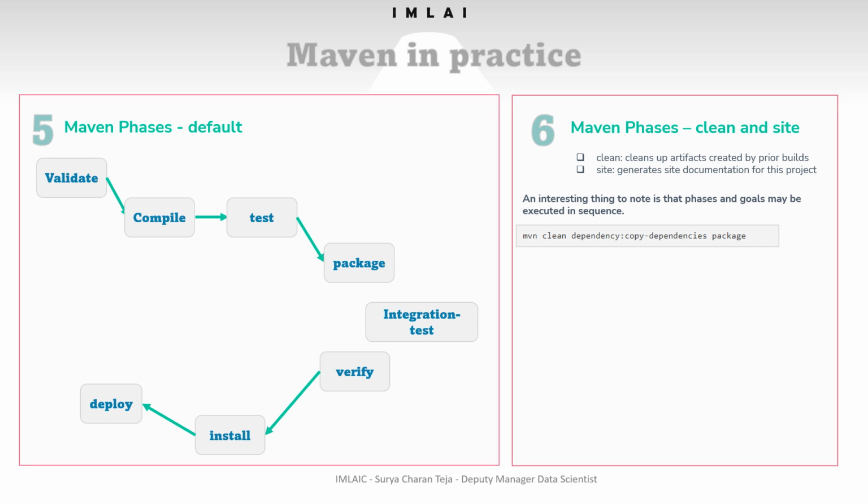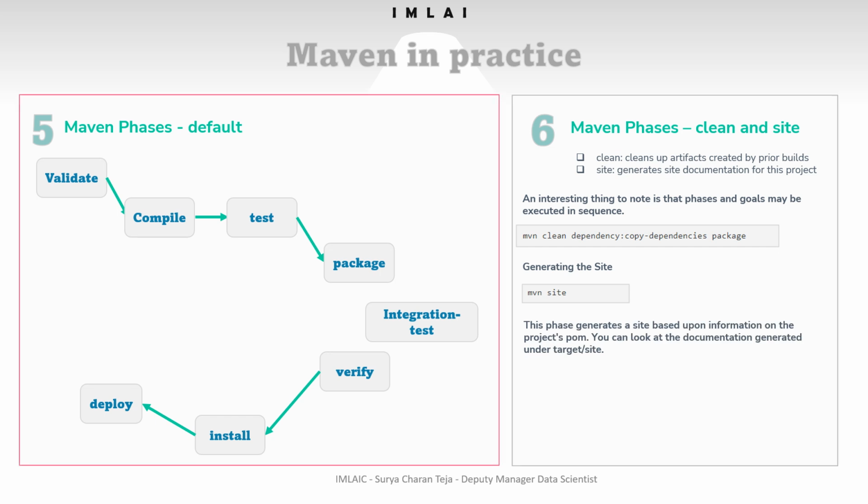Then if you want to generate the site, mvn site, this phase generates a site based upon information on the project's pom. You can look at the documentation generated under target/site.